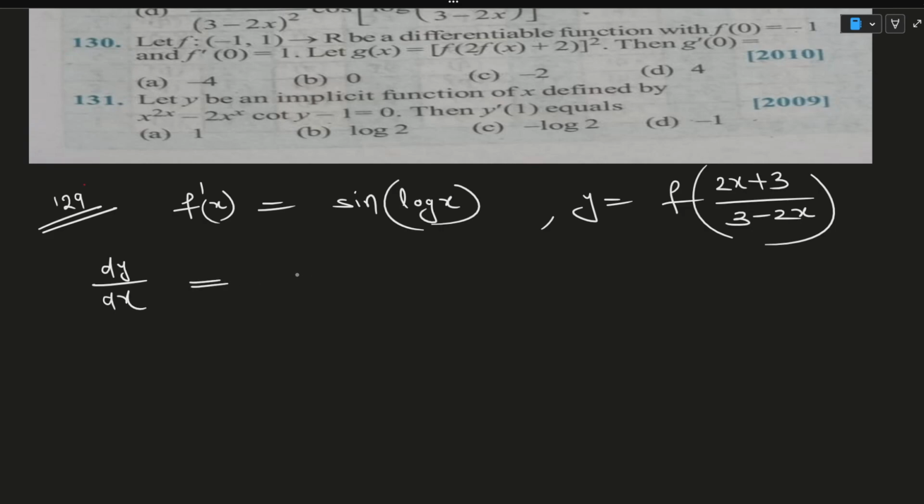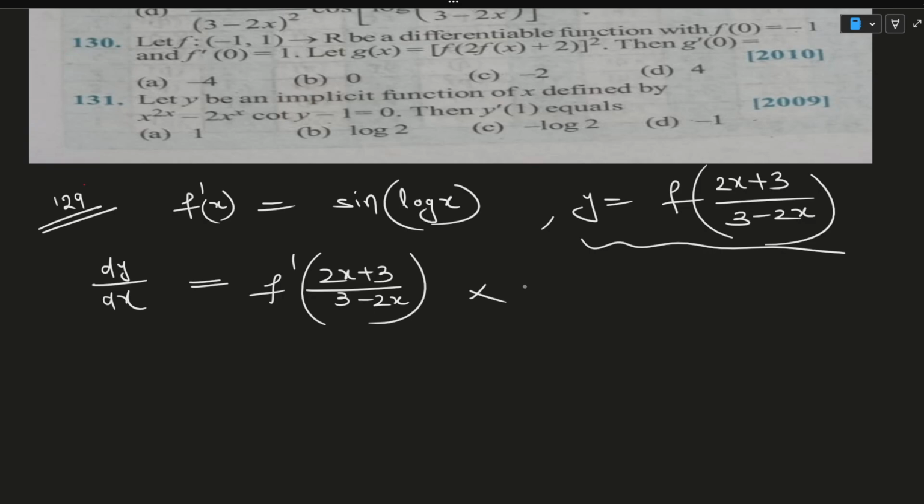Then it will be, here we are given y equal to f of this one. Now we'll apply the chain rule. Now we'll differentiate the inside function, that is (2x plus 3) by (3 minus 2x).